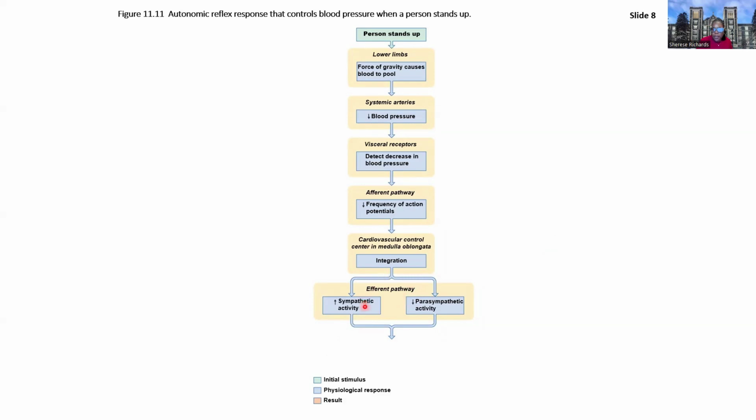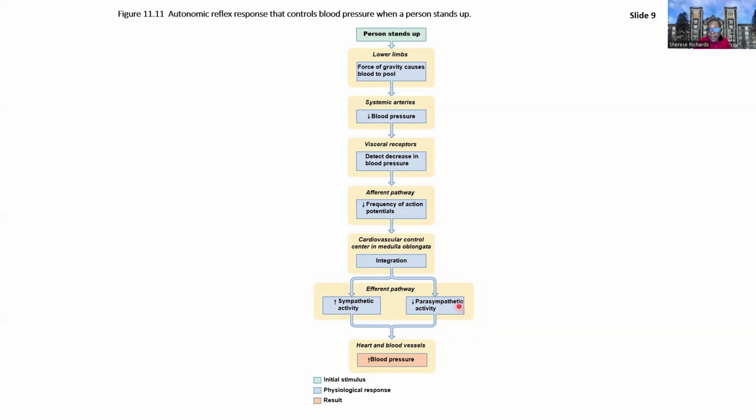They're going to drop the parasympathetic tone, and they're going to increase the sympathetic activity, right? Drop the parasympathetic activity, increase the sympathetic activity, and that is going to result in the changes on the heart and on blood vessels. The example here would be to decrease the vagal stimulation to the heart and increase the beta-1 stimulation to the heart, okay? So that will help to bring about an increase in heart rate and an increase in blood pressure, okay?